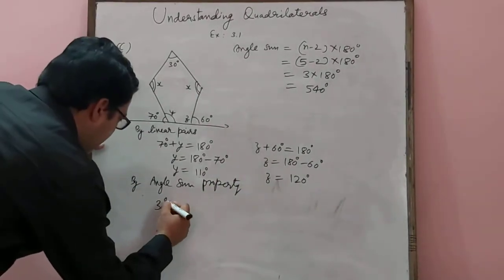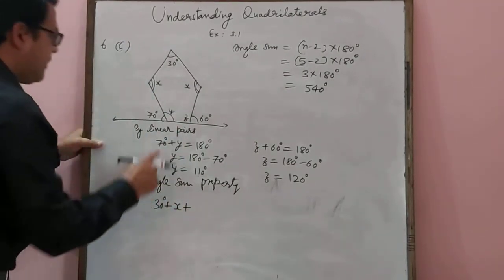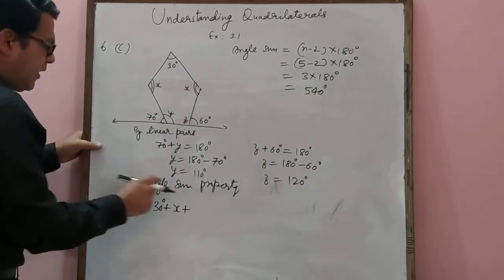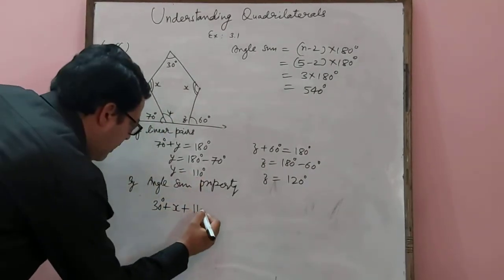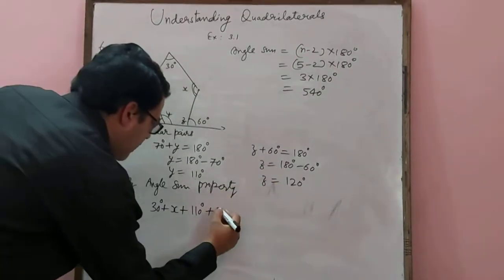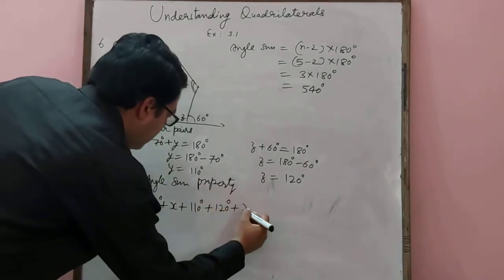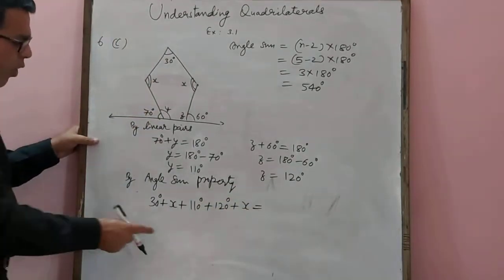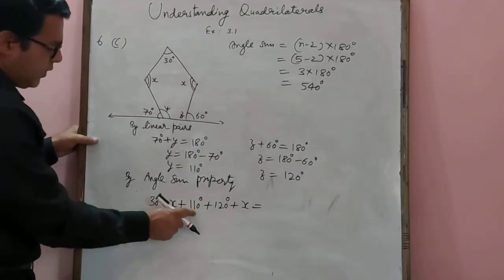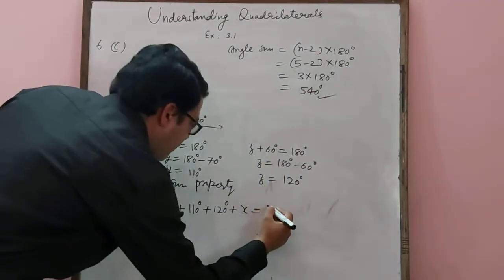The angles are 30 degrees plus this x, plus this y, and we know that the value of y we have already calculated, it is 110, plus this z, the value of z is 120, then plus this x. We have taken all 5 angles, 1, 2, 3, 4 and 5, and their sum is 540.